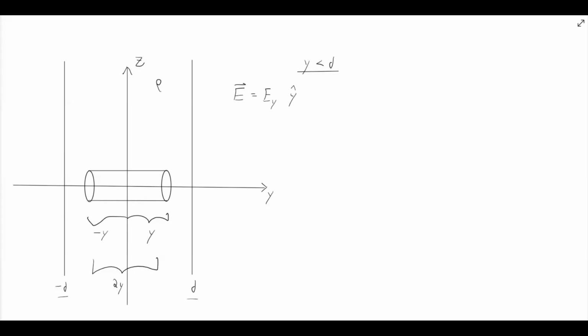And so focusing on Gauss's law, we have this surface integral of the electric field times dA. And so we have three different surfaces for this Gaussian pillbox. These two faces right here, and our curved surface here. And so we note the electric field points in this direction here, the y hat.